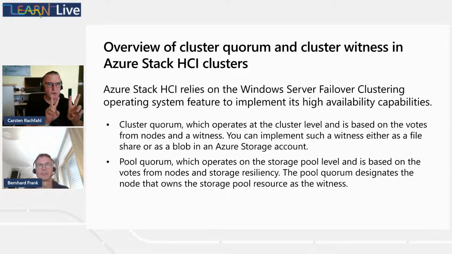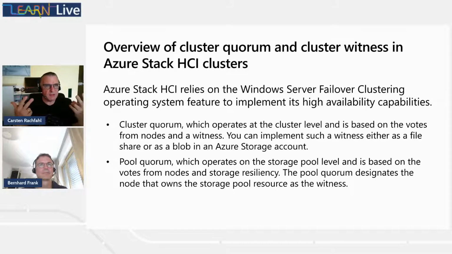So now how should they behave? They don't know: are we the only ones running, or should we start the VMs from the other ones because they are dead, or should we shut down our VMs? So it's a tie-break scenario. They can't really decide. So for that we need a fifth vote, so that we have an odd number of votes.